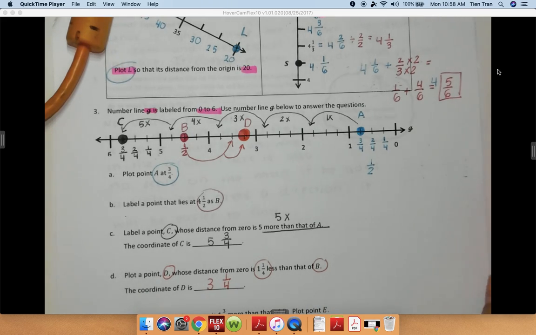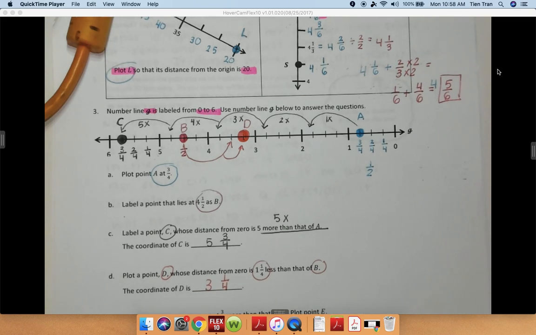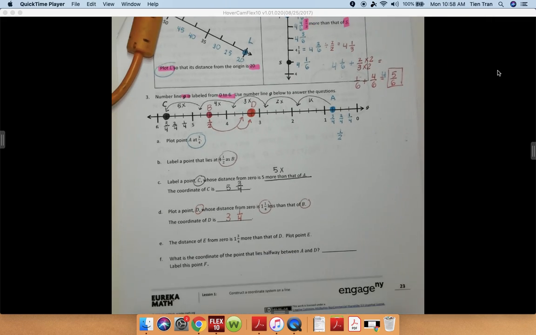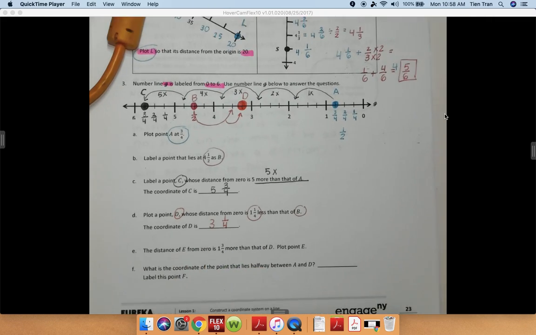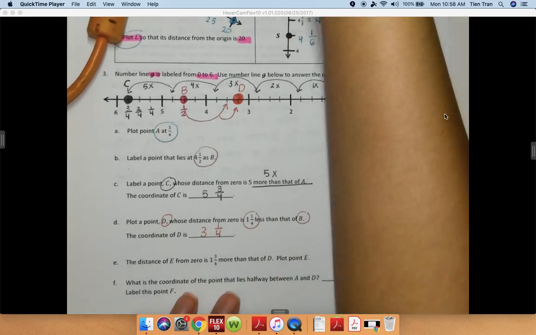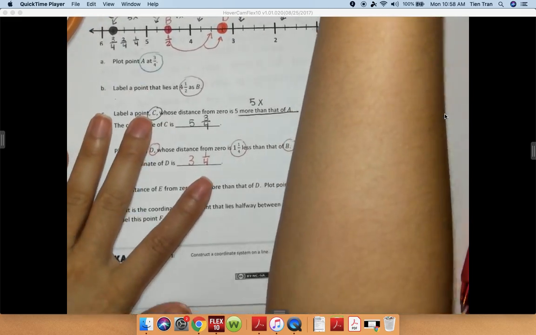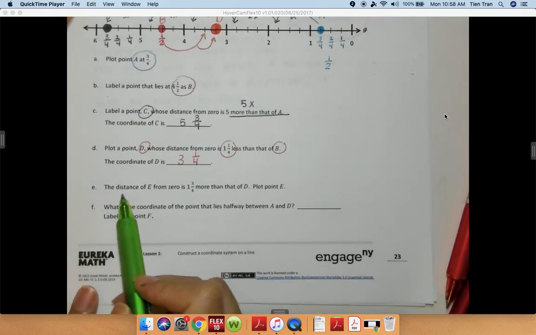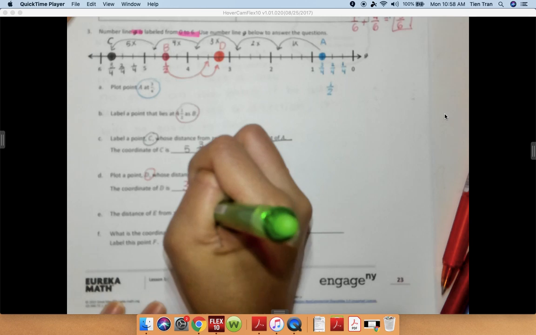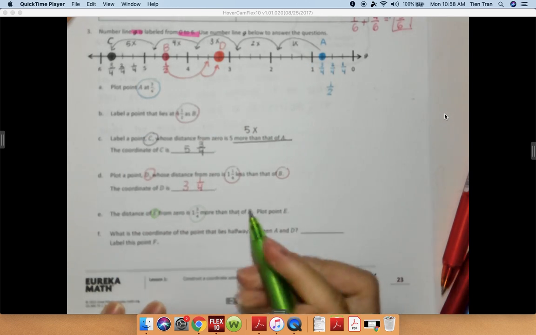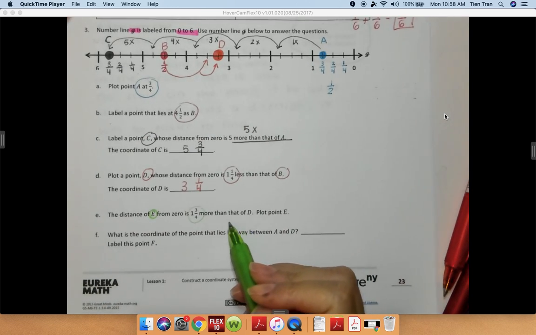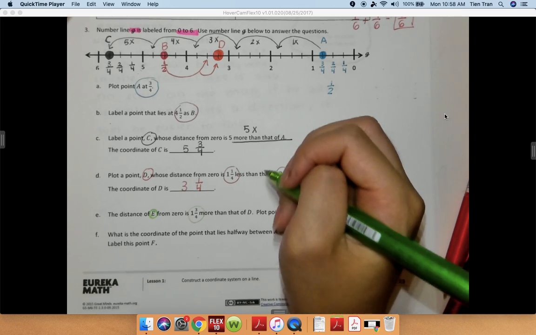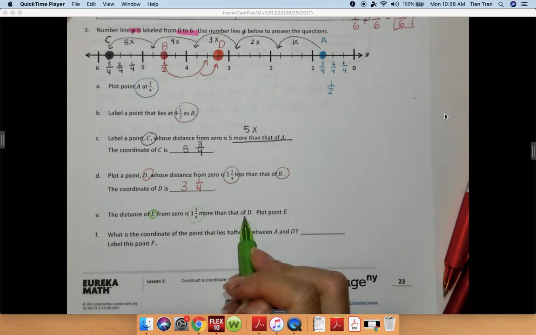Now we have coordinate E. I have to zoom out for you, or move up. There you go. The distance of E from 0 is 1 and 3/4 more than that of D. Plot point E. So I'm looking at D, and it says more than.